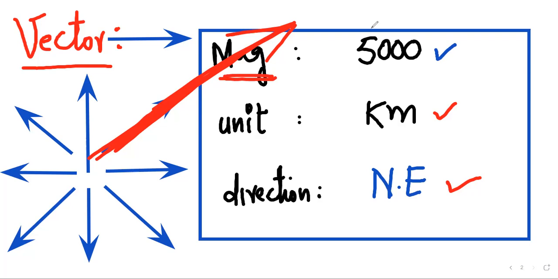The first area is magnitude, the second is unit, and the third is direction. If all these three are addressed, then one can easily understand a vector quantity. So for a vector quantity, we are in need of magnitude, unit, and direction.